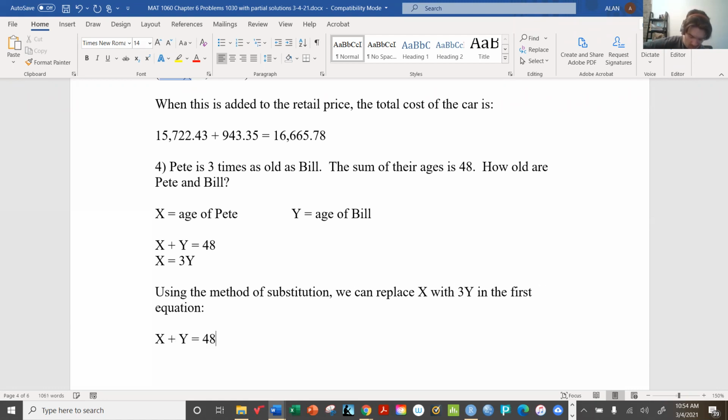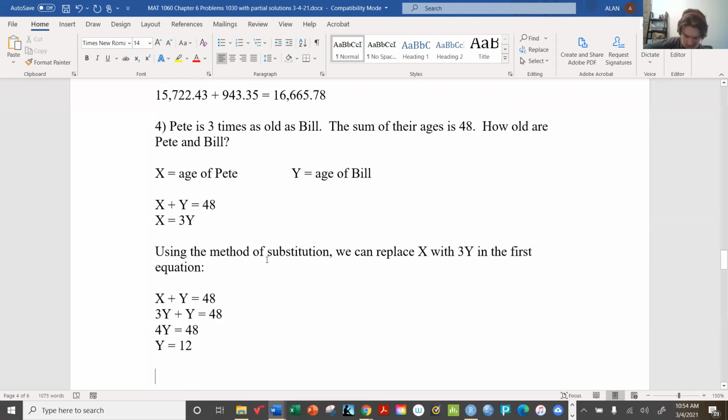If x plus y equals 48, let's replace that x with 3y. And of course, that means that y is 12. So therefore, we conclude that Pete is 36 and Bill is 12.